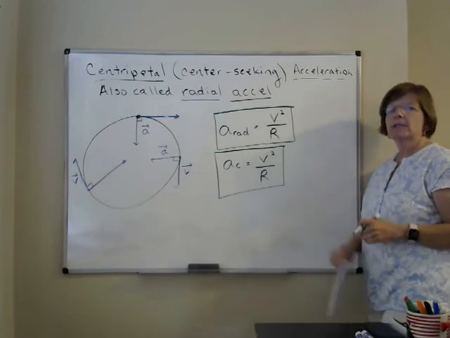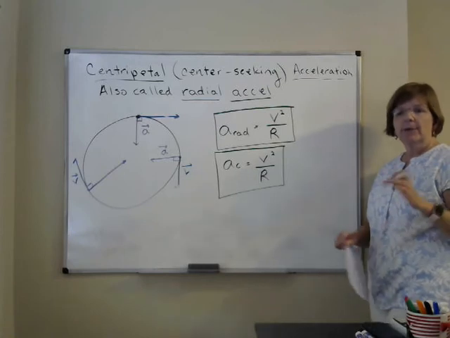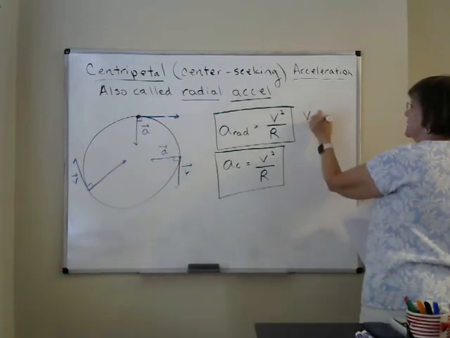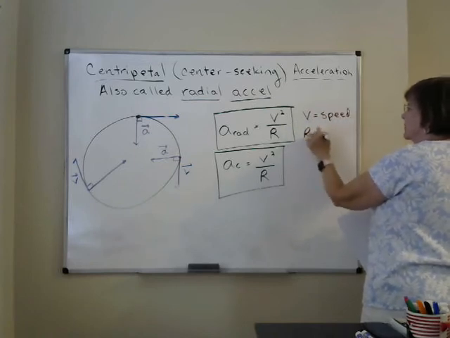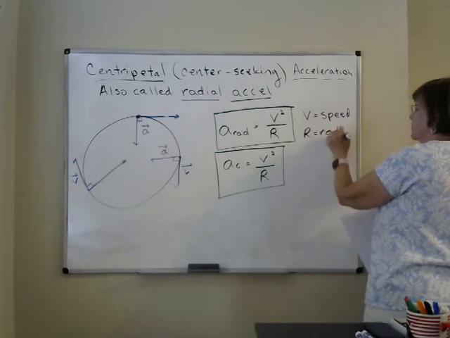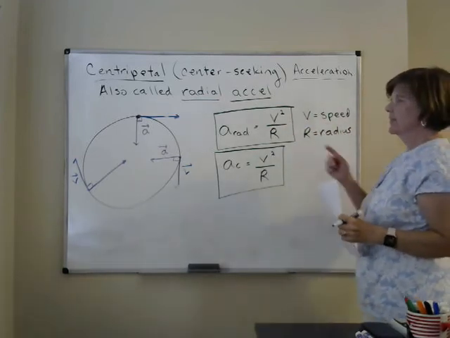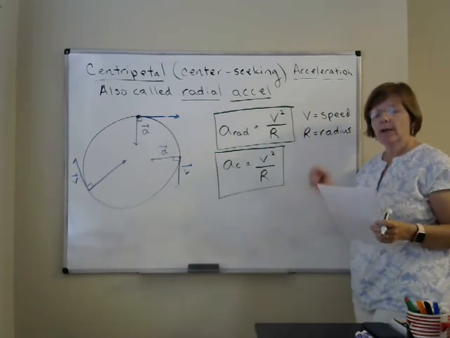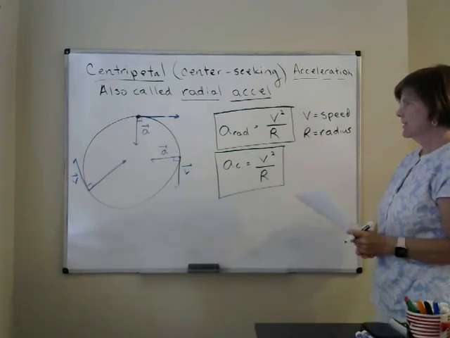It's a little confusing. We usually use a lowercase r in geometry, but that's okay. In this case, v is equal to the speed, and r is equal to the radius of the circle. It really can't be the velocity, for a couple of reasons, but one is that velocity itself is continuously changing, but we need that uniform speed, that speed that does not change.